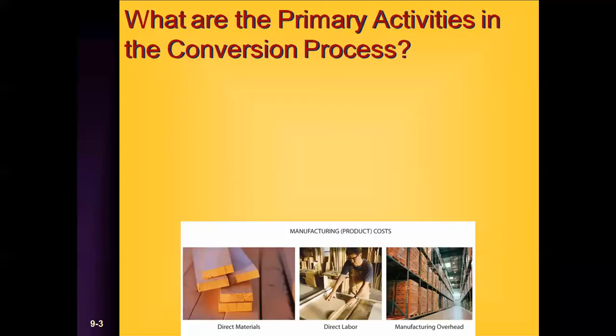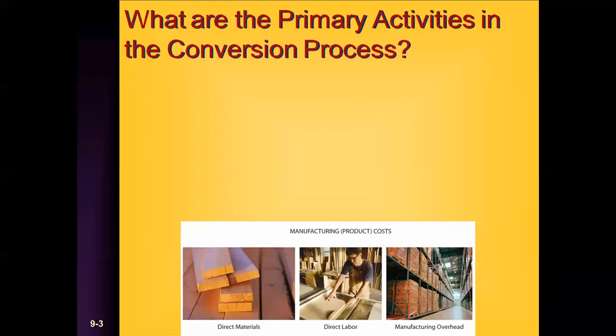So the first area that we want to talk about is what are the primary activities in the conversion process. This picture is a simplistic overview of the conversion process. Basically you have raw materials, and this could be a representation of a company like IKEA that makes furniture.